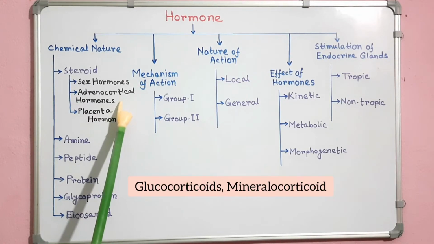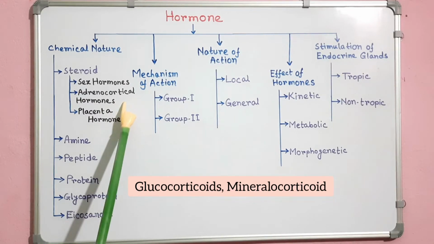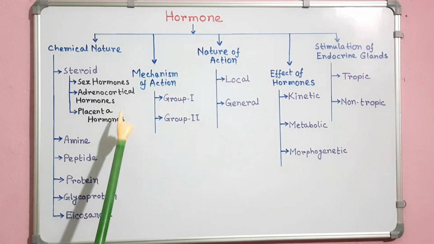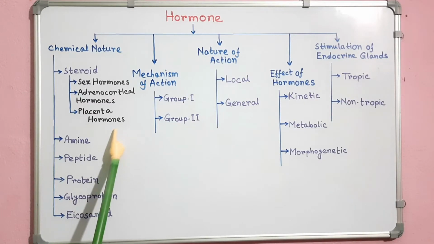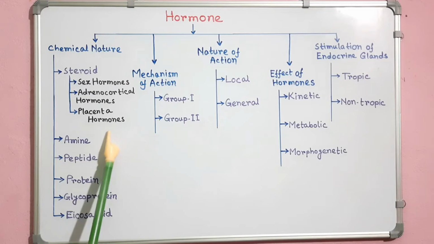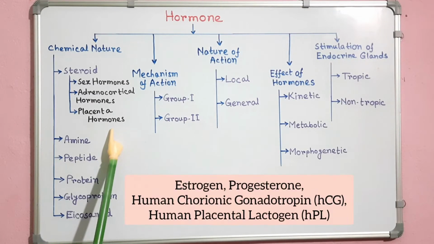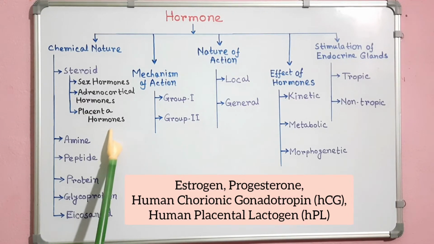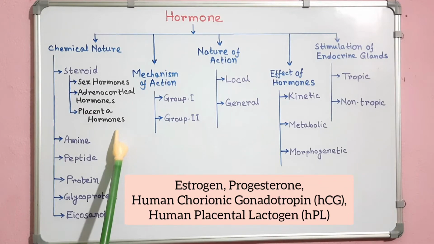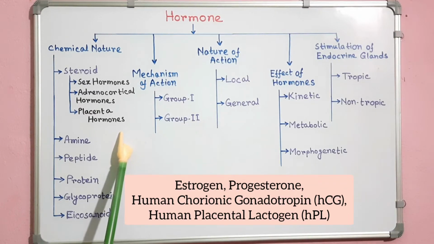Example: glucocorticoids, mineralocorticoid, etc. Placenta hormones. The placenta produces hormones which are essential for maintaining pregnancy. Example: estrogen, progesterone, human chorionic gonadotropin or HCG, human placental lactogen or HPL, etc.